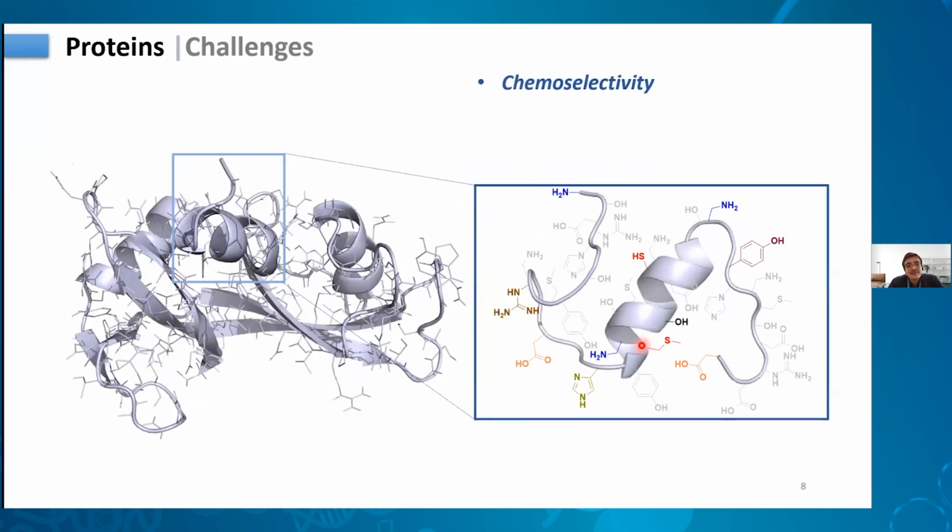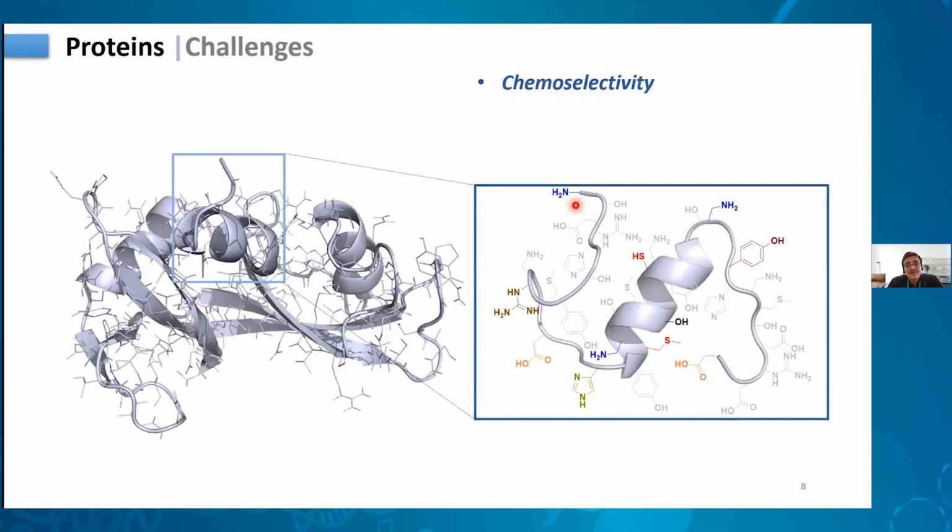So for precision modification, at first, the electrophile will have to figure out how to differentiate one type of functional group from all the other nucleophilic groups. And once we have such a chemoselective electrophile, let's say this electrophile is chemoselective for primary amines, then you can see that there are going to be multiple copies of the same functional group.